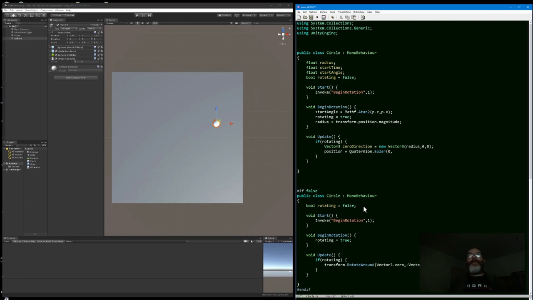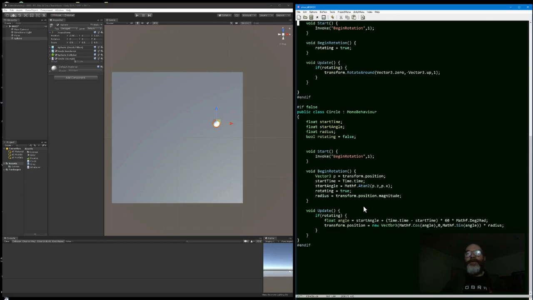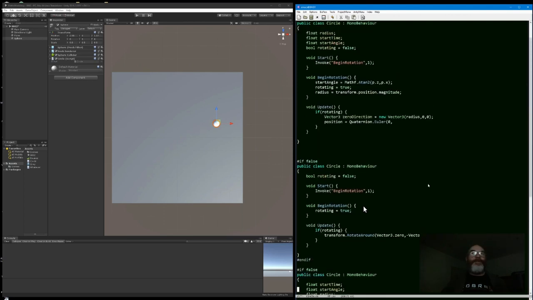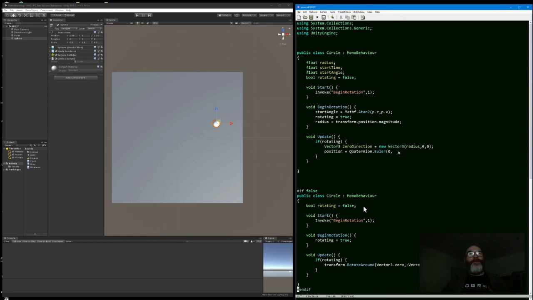So that is going to be with this, which is now in degrees. So that is this whole bit here without the degrees to radians, because the quaternion function takes degrees, not radians.